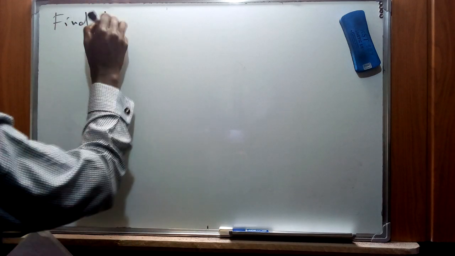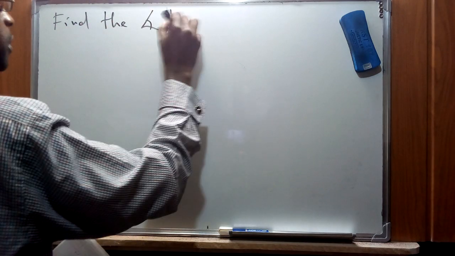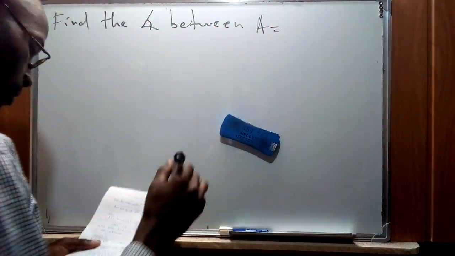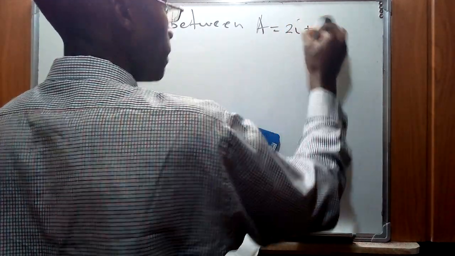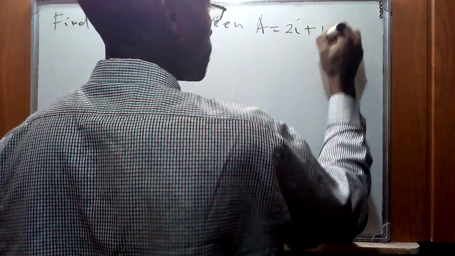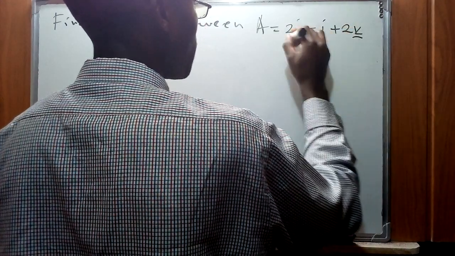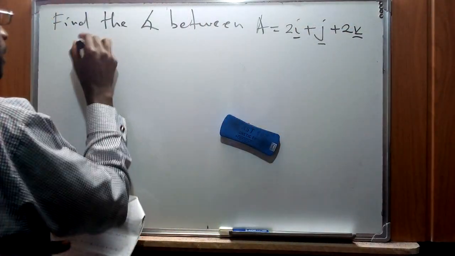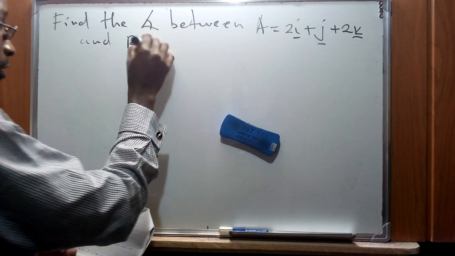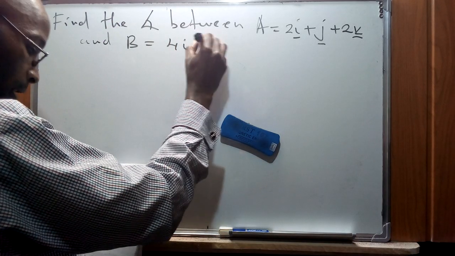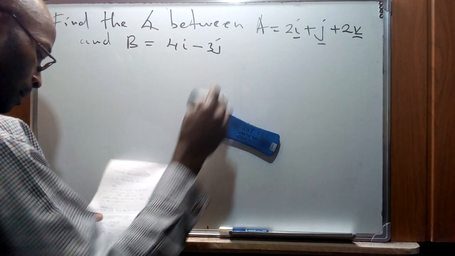So if we are asked to find the angle between vector A, which is 2i plus j plus 2k, and B, which is given as 4i minus 3j.